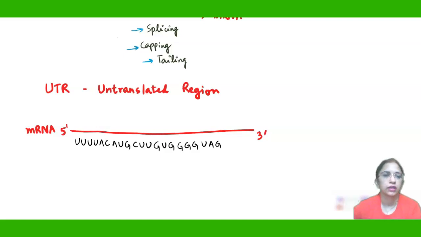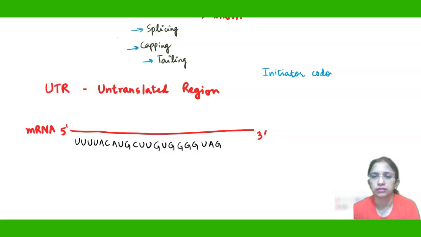Now your first job is to find the initiator codon. If you have not seen my video on the genetic code, do watch it. There I have talked about what the initiator codon is.